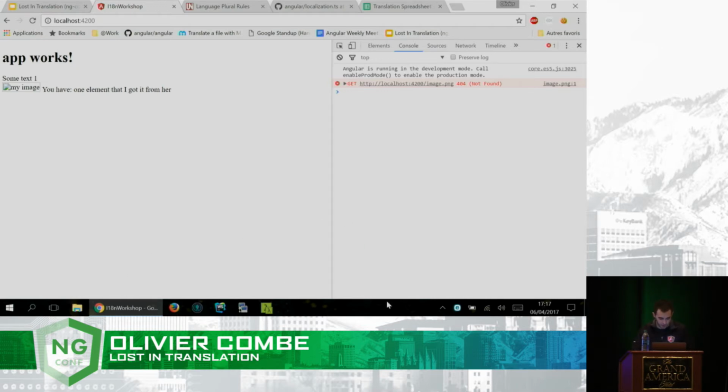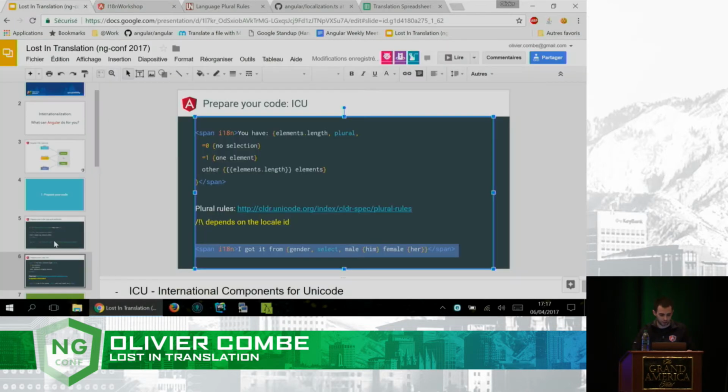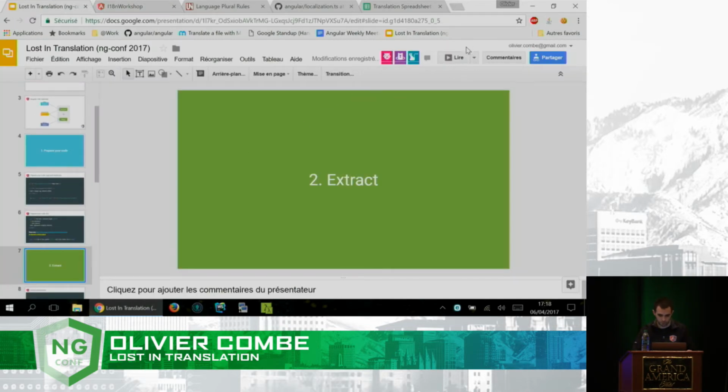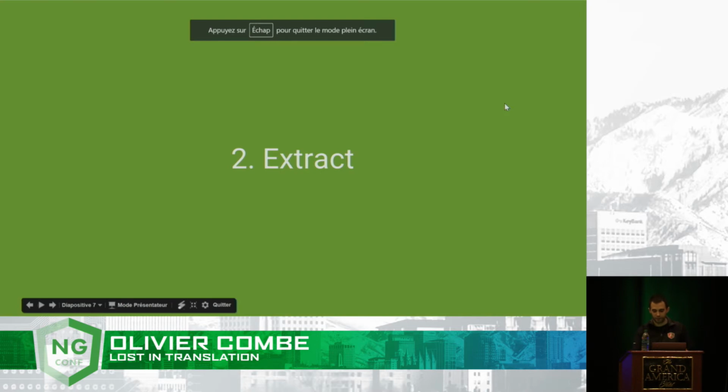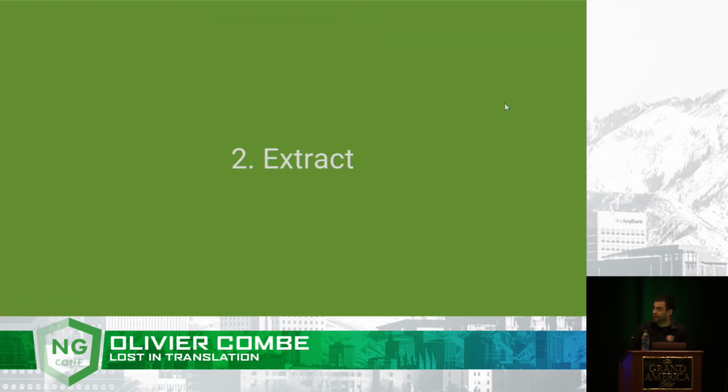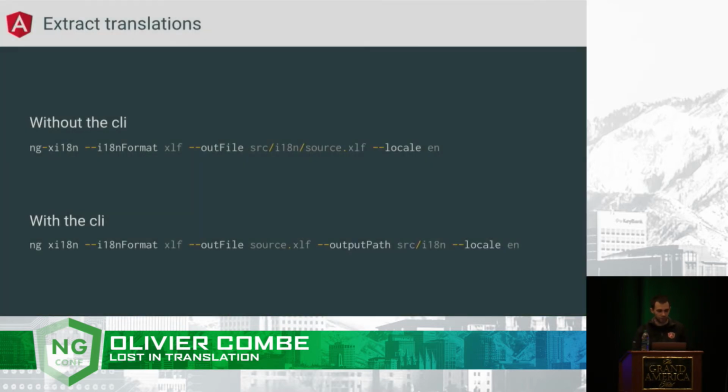Okay, now let's see how we can extract those. So the extraction uses something called ngc, which is inside the compiler CLI. It's the same package that contains ngc that you will use for AOT when you build for AOT. So with the CLI, you have some special commands that you can use as well.